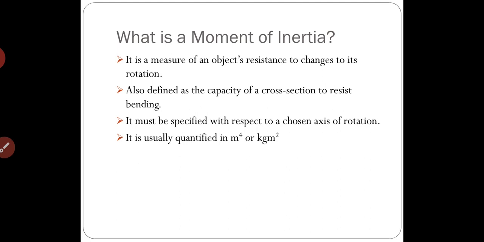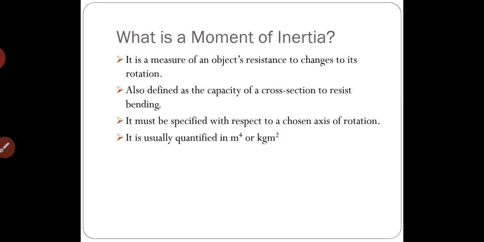And inertia is the property governed by the mass of the object and the position of mass about the axis of reference, how much distant it is. The more the distance, the more will be the moment of inertia about that axis.